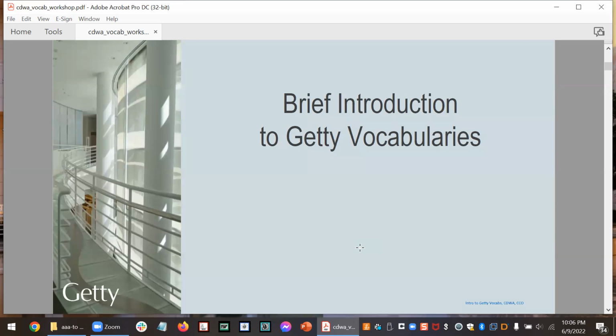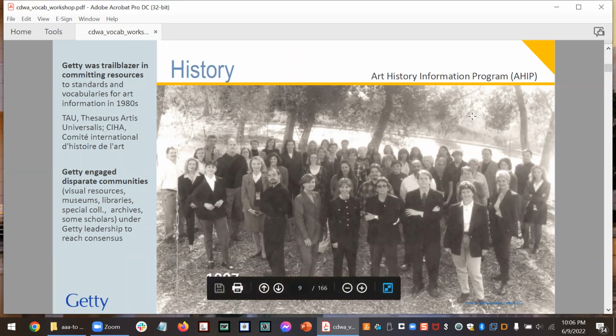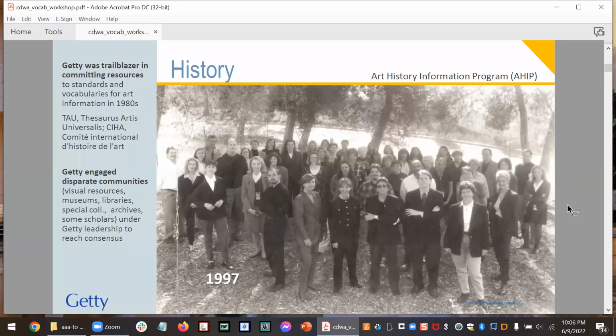Let's start with an introduction to the Getty Vocabularies. Here's a nice picture of a group of us standing. The Art History Information Program is this group, and the Vocabulary Program is among these people. This is 1997, when the Getty Center first opened 25 years ago.